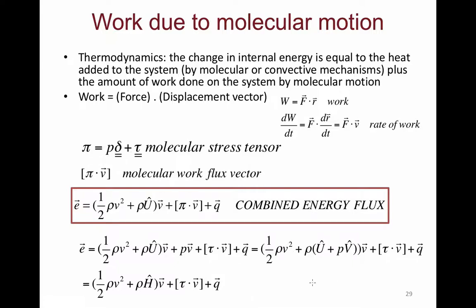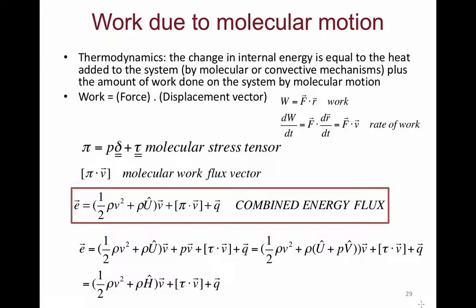Okay. Now this is a tensor dot vector, so this is tau xx vx plus tau xy vy plus tau xz vz. So that's the x component.